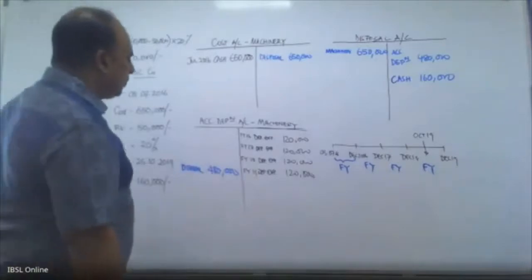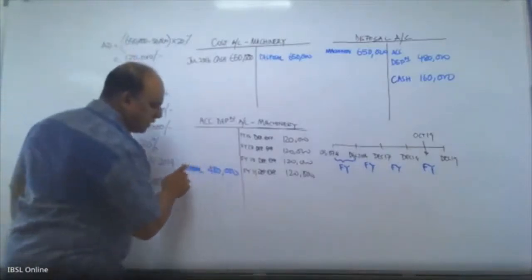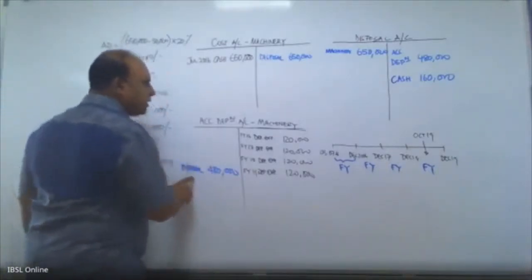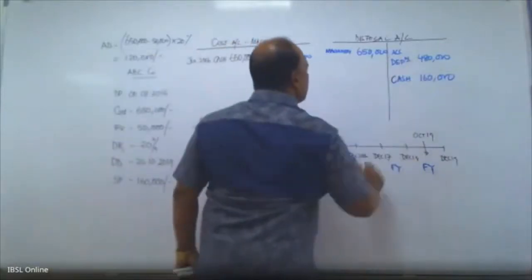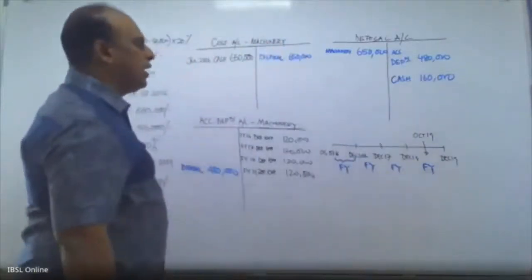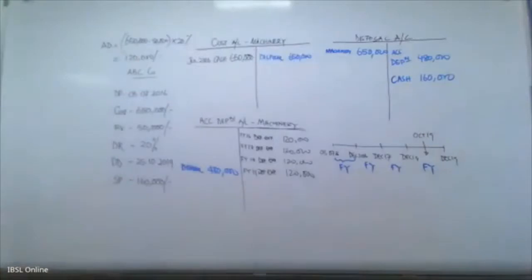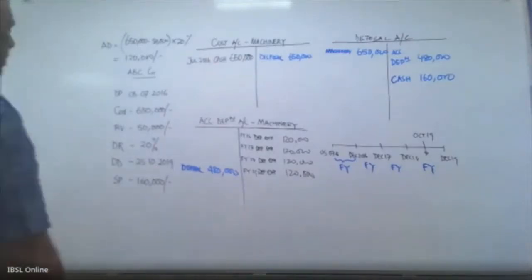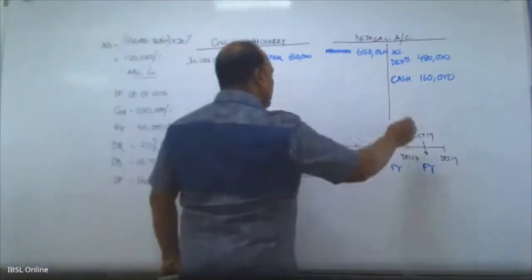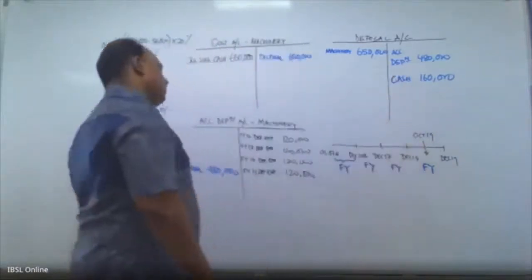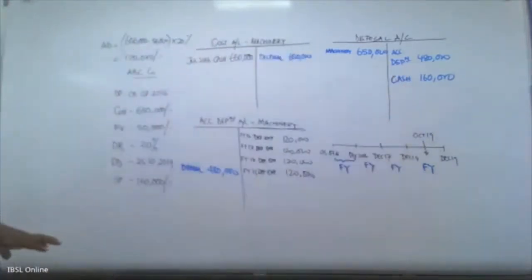Number 2, I reverse the depreciation: debit accumulated depreciation, credit disposal account, 480,000. Third transaction, the disposal proceeds: debit cash 160,000, credit disposal account 160,000. So we are done with all.